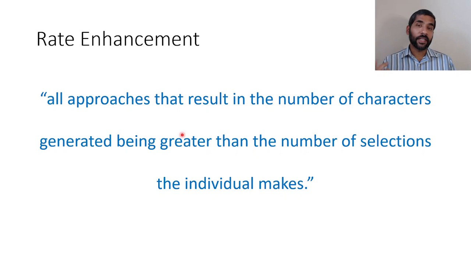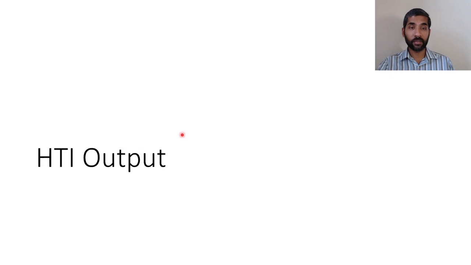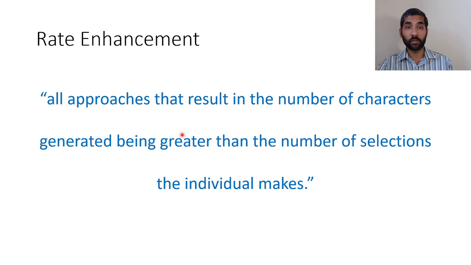Rate enhancement basically refers to the fact that you generate a greater number of characters than the selections that the individual actually makes, right? And there are various ways of doing it. One of the ways would be to use, for example, in texting, predictive word options.